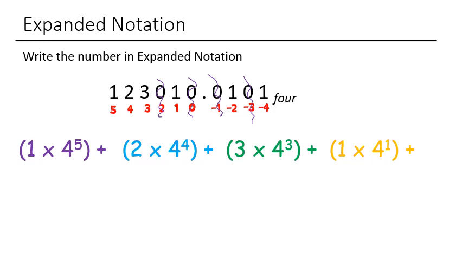I can skip the next two, and then go to this one right here, 1 in the -2 place value. So that's 1 times 4 to the -2 power. And there's one more, this last one right here, 1 times 4 to the -4th.